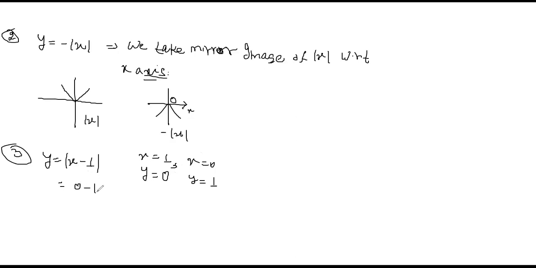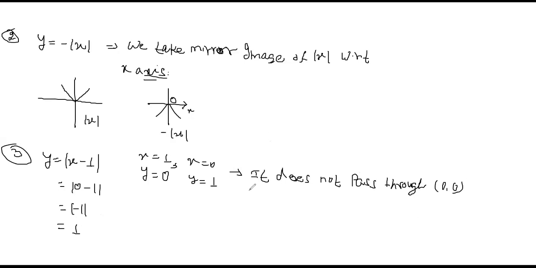0 minus 1 in the mod will equal minus 1 mod. It will equal plus 1 or minus 1? Plus 1. So it does not pass through the origin (0, 0).